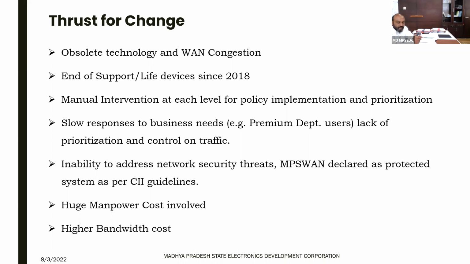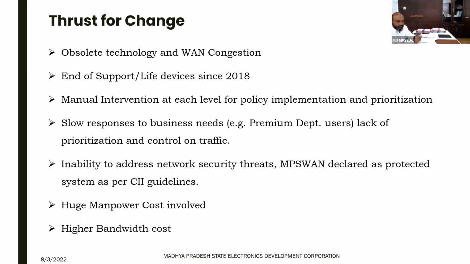As I mentioned, most of the major government offices which are delivering services are somehow associated with these parameters, either national health, economy, or safety. That is the reason we have declared the SWAN as a protected system.